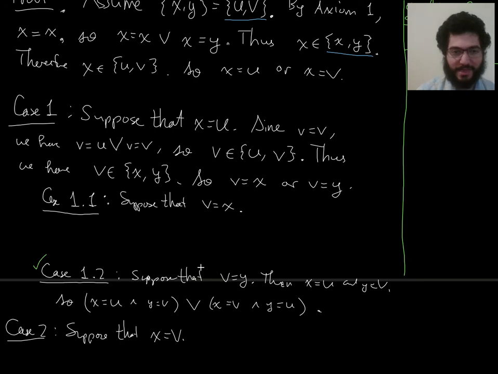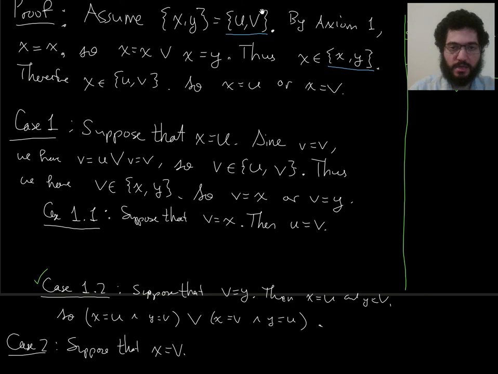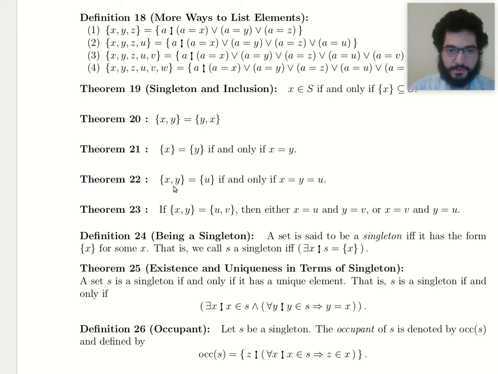We hope that we end up with all cases being done. Case 1.1, let's see. So if v is x, then we are in a situation where, in case 1, x is u. If v is x, then u equals v, right? So that means that the doubleton uv that we were looking at here was not really a doubleton. If u equals v, then according to Theorem 22, just replace the x's by u's, replace the y's by v's, and replace the u's by something else.